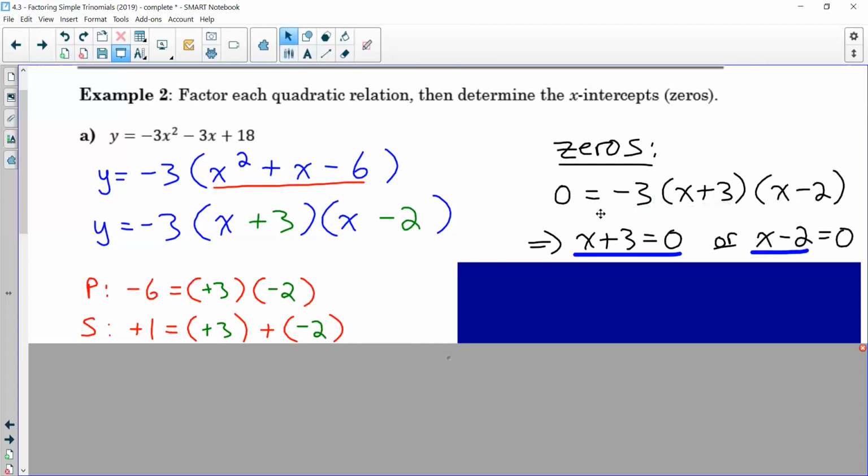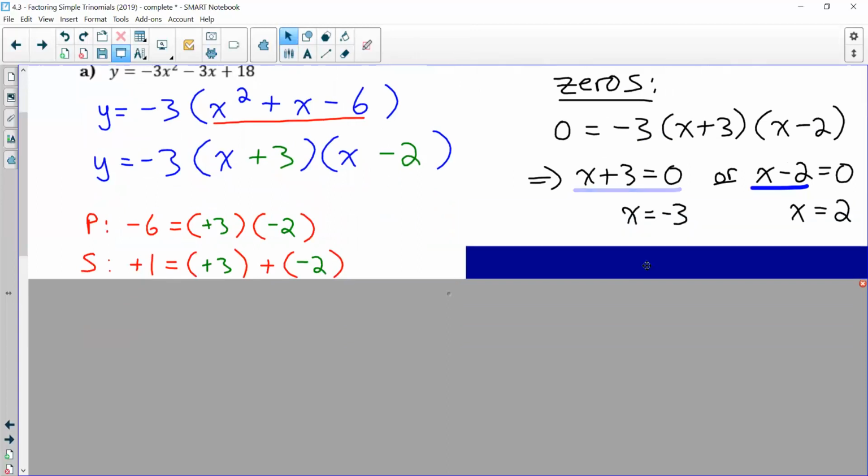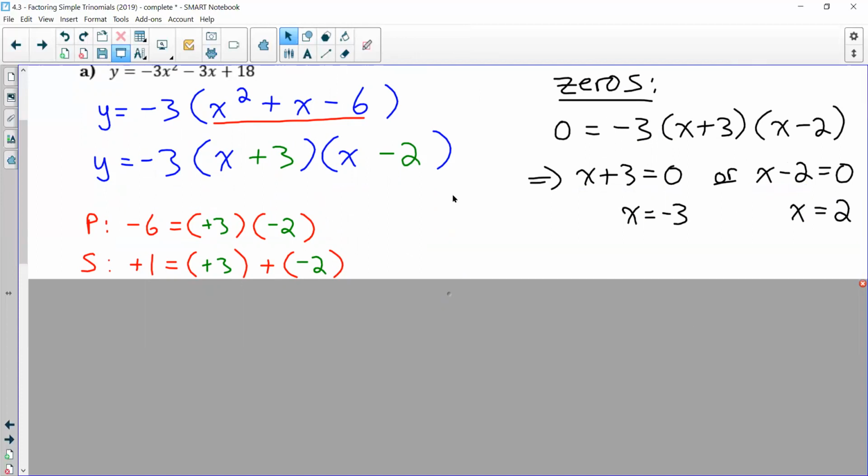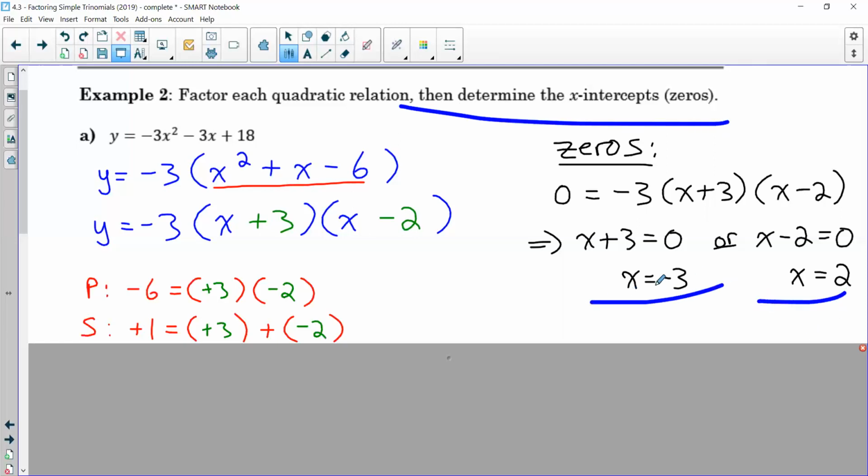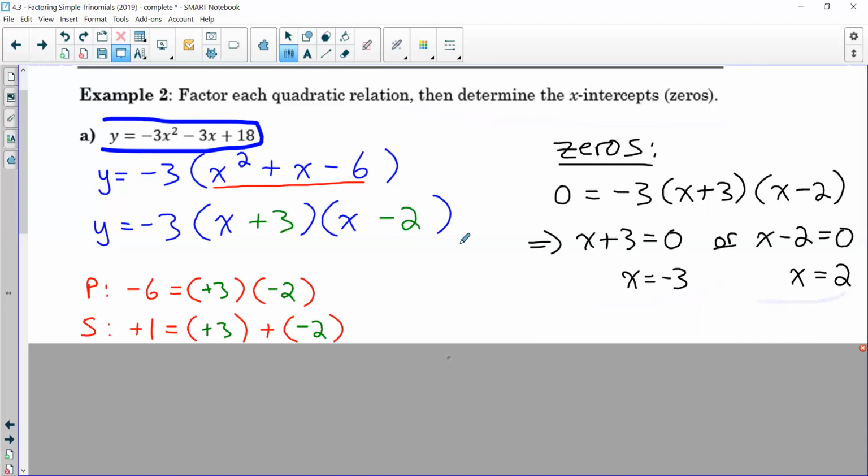And the answer is yes. So it's as simple as solving those equations. And those are your two zeros, or your two x-intercepts. And we've now successfully determined the x-intercepts. So this is where your parabola would cross the x-axis. How do I know it's a parabola? Well, because it's the equation of a quadratic in standard form.